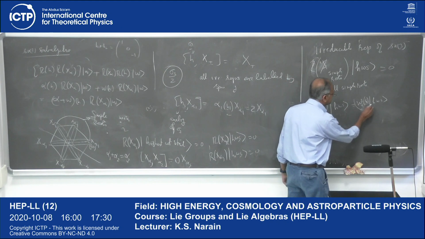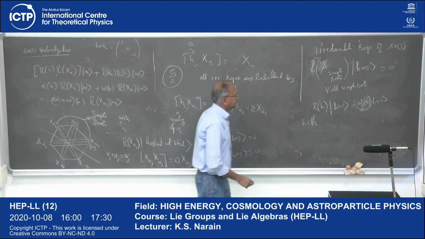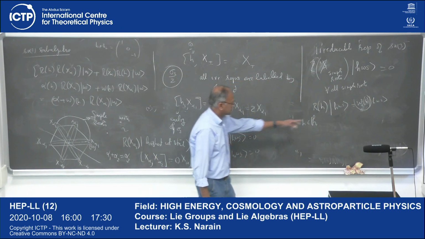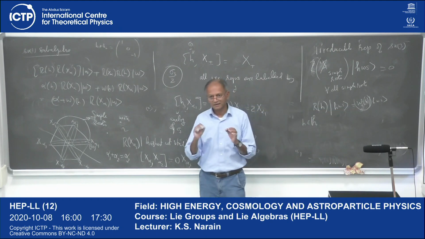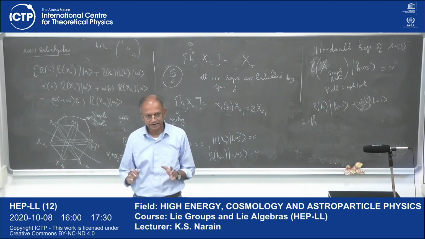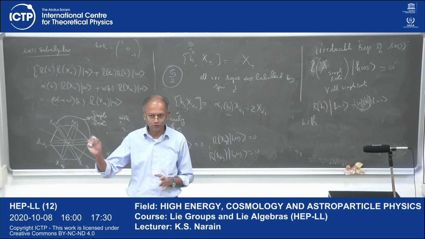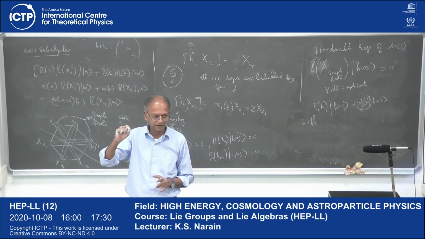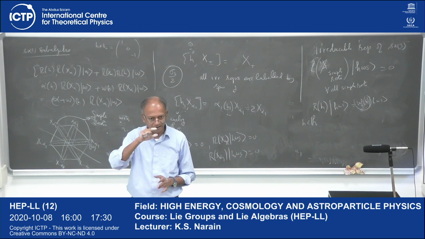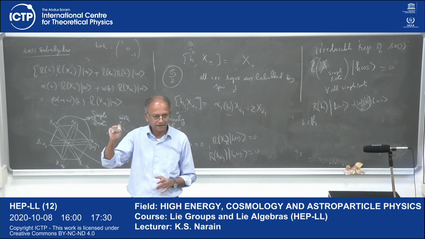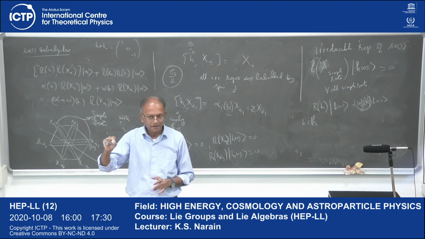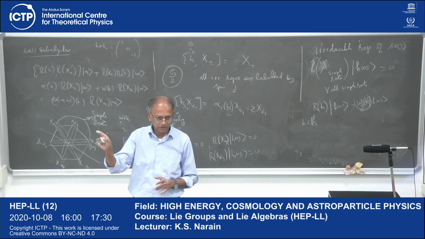So once you specify this, then you're done. The highest weight W uniquely defines to you one irreducible representation. Just like in the SU2 case, saying that the highest weight state carries the H quantum number to be J, that uniquely specifies your irreducible representation.